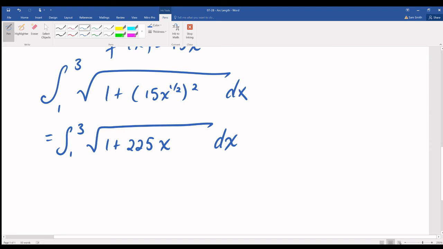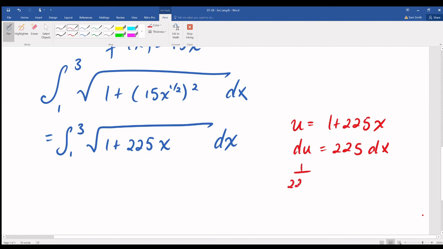This is a prime candidate for substitution, with u equals 1 plus 225x, so that du is equal to 225 dx, so that 1 over 225 du is equal to dx.